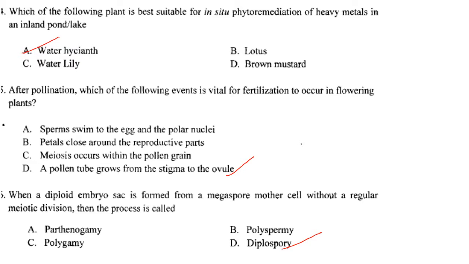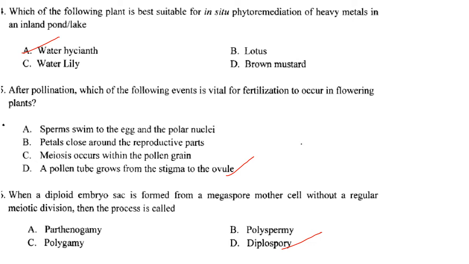Next one. Which of the following plants is best suitable for in situ phytoremediation of heavy metals in an inland pond or lake? So water hyacinth. Answer is option A. After pollination, which of the following events is vital for fertilization to occur in flowering plants?